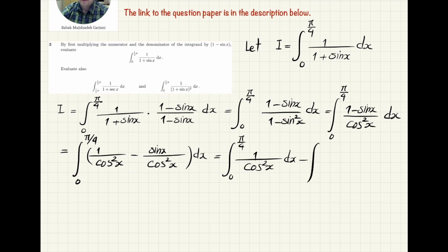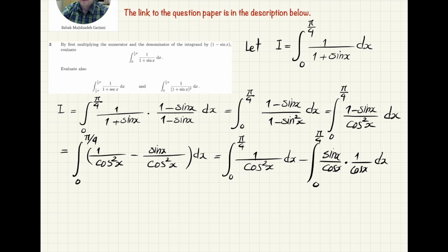Of course, the integral of the second function can also be calculated using the substitution method. But if you remember some formulas from the derivatives of trigonometric functions, we can do it a little bit simpler. Here I can write sine x over cosine x, multiplied by 1 over cosine x, dx, from 0 to pi over 4.